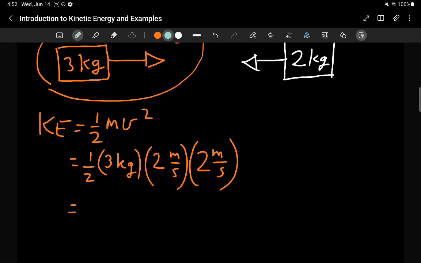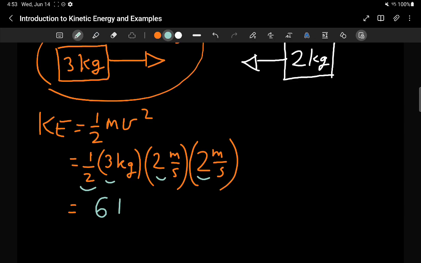And so if you go through the motions, let's put all the numbers together. So some numbers we have are divide by 2, multiply by 3, multiply by 2, multiply by 2. And so if you do this out, right, 3 times 2 is 6, times 2 again is 12, multiplied by 1/2 is again 6. So the number is 6, right? That's what 1/2 of 3 times 2 times 2 is.